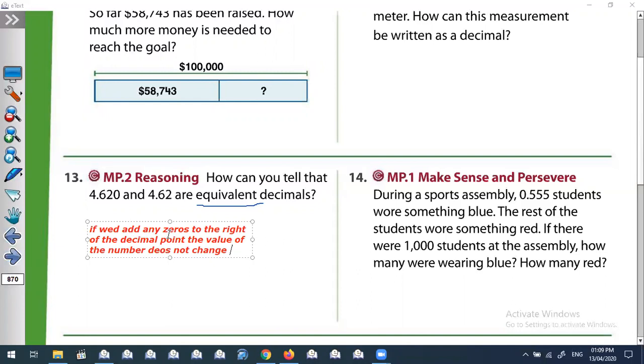So if you add any zeros to the right of the decimal point, the value of the number doesn't change.